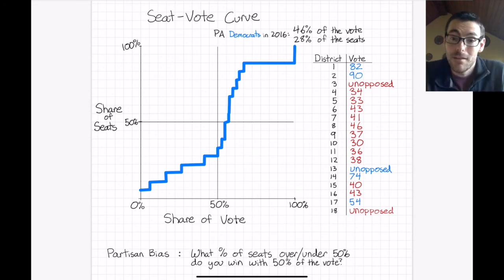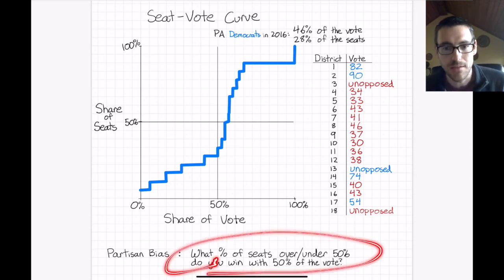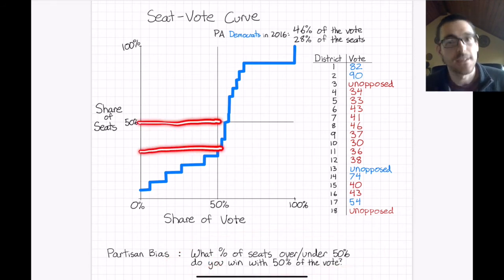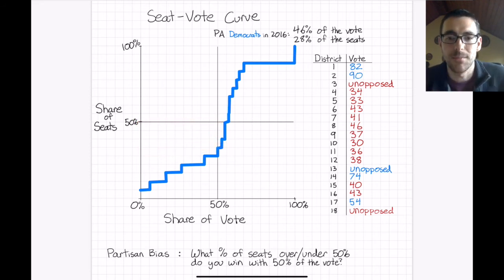If the Democrats in this election had won 50% of the votes, they would not quite have won 50% of the seats. That discrepancy between 50% and the amount that they actually won, 6/18 or a third, that distance, that 16%, is the partisan bias. So in this case, the partisan bias would be approximately 16%, which is a lot.